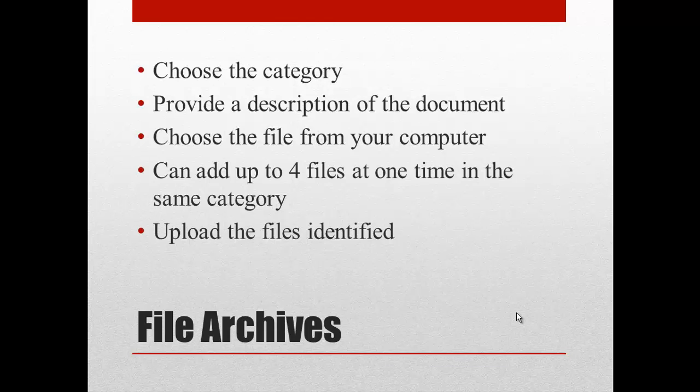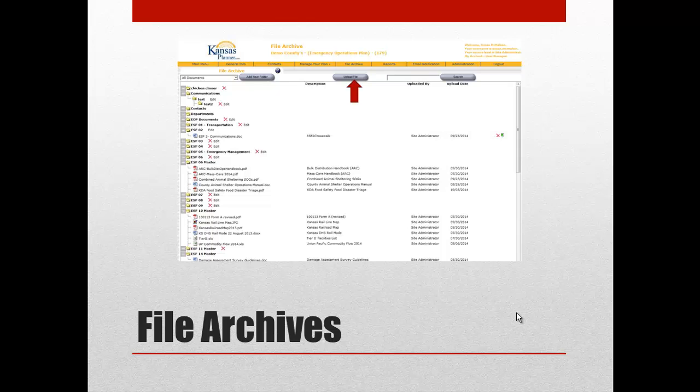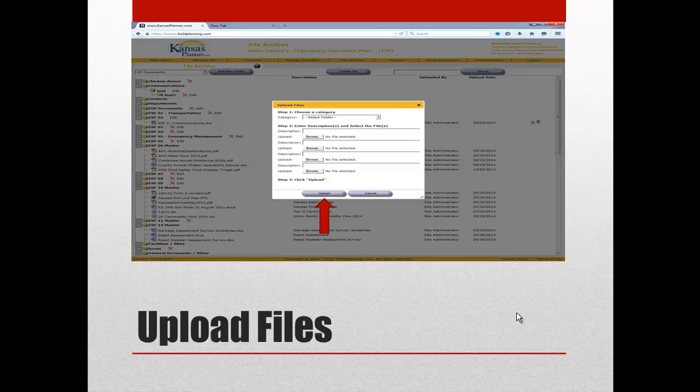In the File Archives, you will choose the category in which you want to upload your files to. In the middle is the Upload File button, and click on that. And within that, in your category, that will be whatever ESF you are uploading your files to.